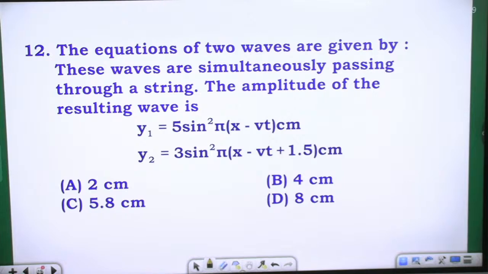So the next question. The equations of two waves are given by y1 and y2. These waves are simultaneously passing through a string. The amplitude of the resultant is being asked. So how do you solve it?